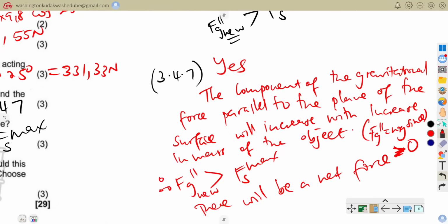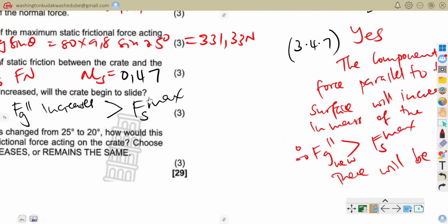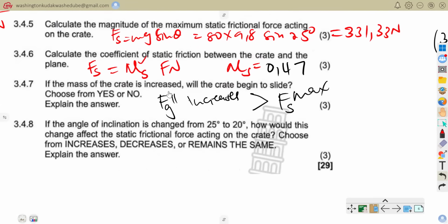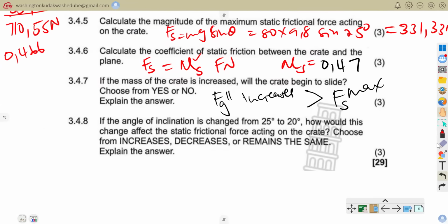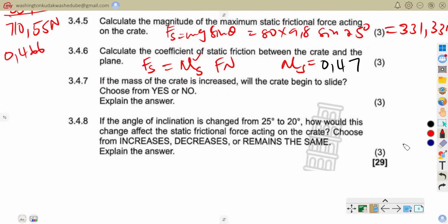So you're supposed to be explaining your answers in terms of the theorems that you know. For example, Newton's laws, first, second, third. What do they say? You know that. So here, the theorem that worked was Newton's second law. Once we have got a net force, then there will be movement. So you would have said yes.